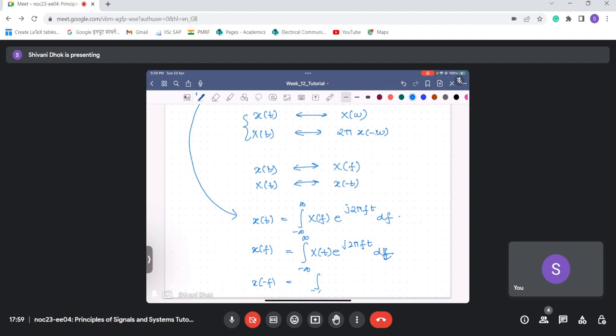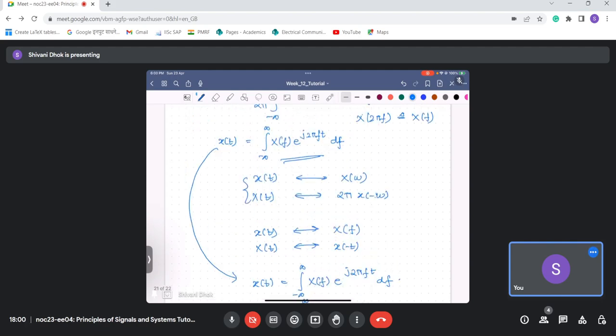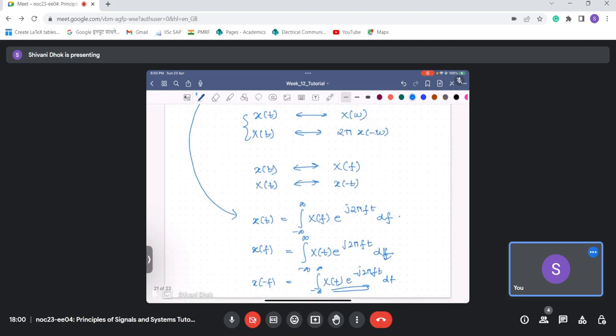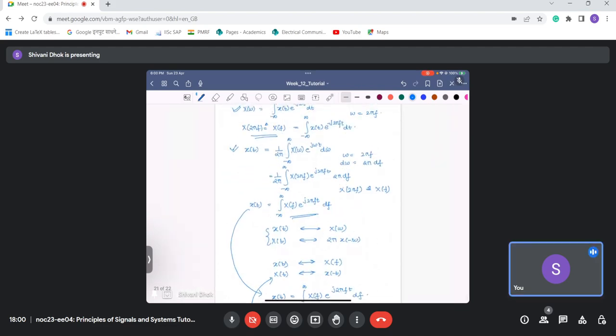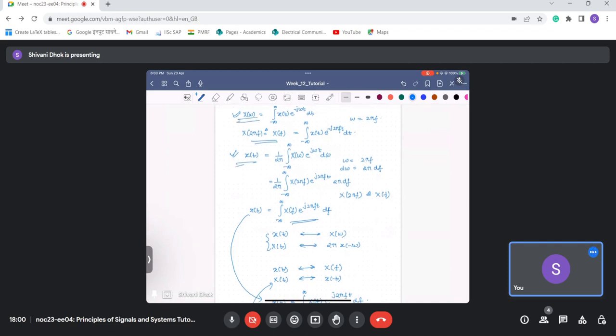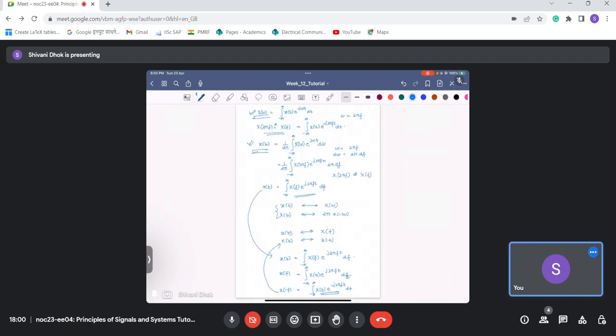So this will be the integral from minus infinity to infinity of x of t e power minus j 2 pi f t dt. Now this is basically the Fourier transform of x of t. So basically you go with first principles. You play with these basic equations, do the substitutions, and you will get everything.